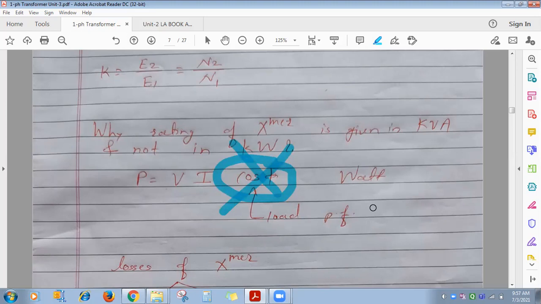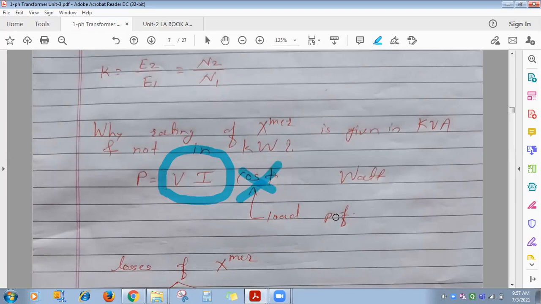But once you manufacture a transformer or generator, its voltage range and current range are known. That's why, for a generator and transformer, if you see the nameplate, the rating is given only in volt amperes. Why? Because cos phi is unknown there.